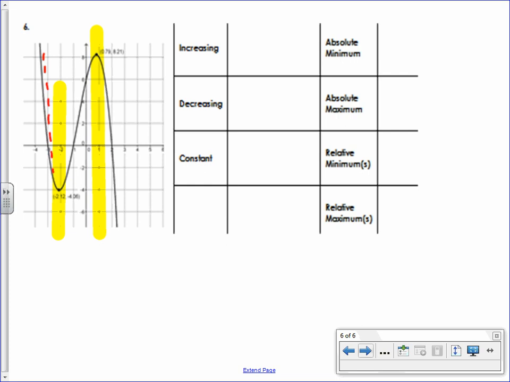It's going down. My second interval is increasing, going up. And then my last interval, they're going down forever. So if I look right here, I've got 2 intervals of decrease and 1 interval of increase.